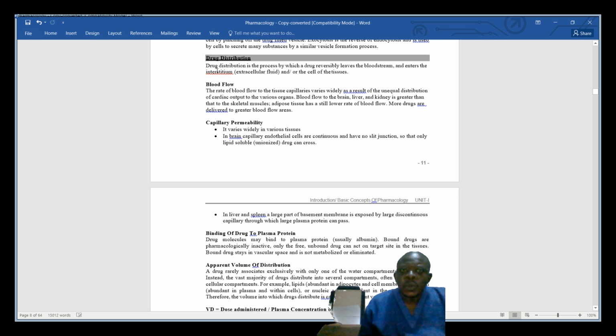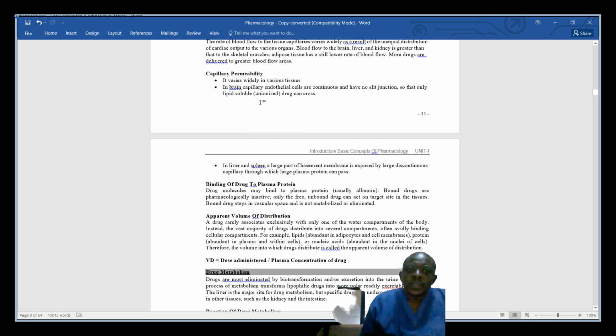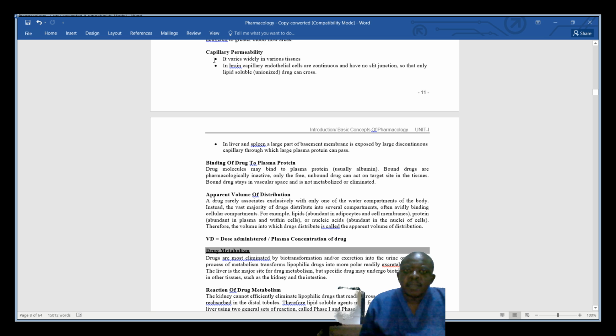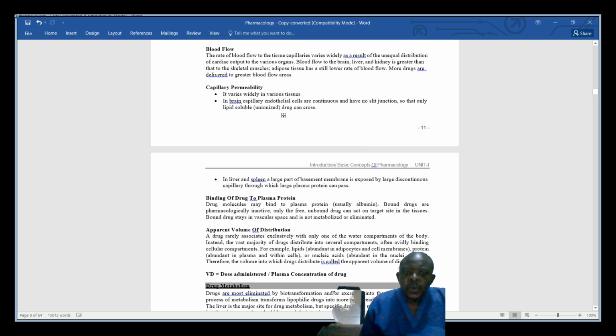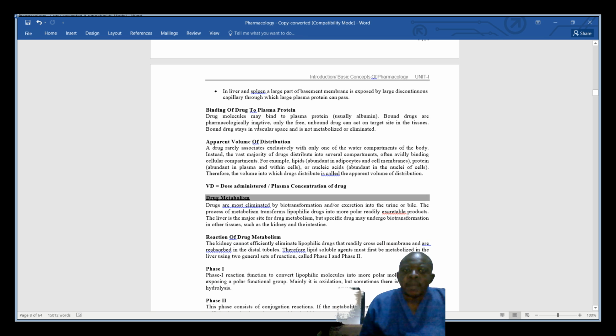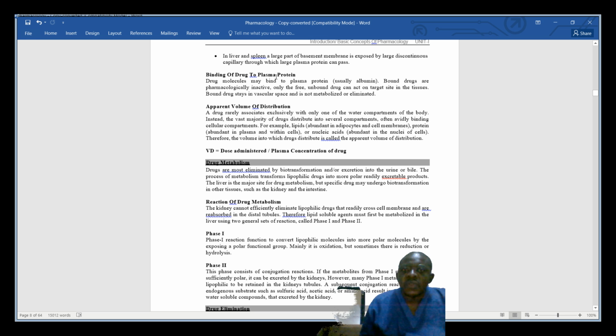Then we looked at pharmacokinetic drug distribution, which is dependent on the blood flow and on the binding of the drug to plasma protein. The main transporter, the bus that transports, is usually albumin.